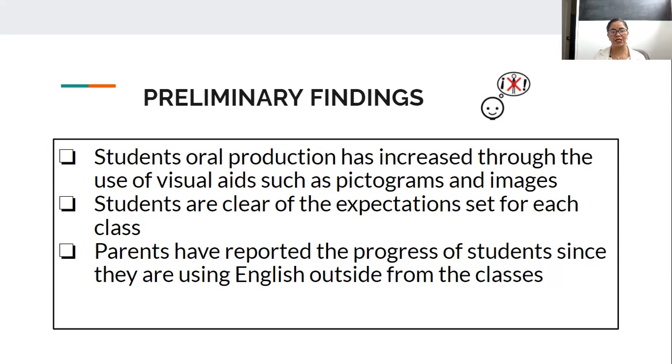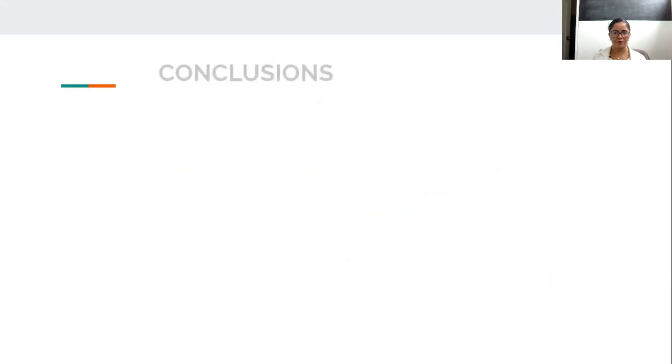Definitely at the beginning of the class, we always tell them in terms of behavior and in terms of academic achievement. Next, parents have reported the progress of students since they are using English outside of the classes. So actually the parents are happily surprised that they are using the words and the expressions outside of the English class. And that's really rewarding for me as well.